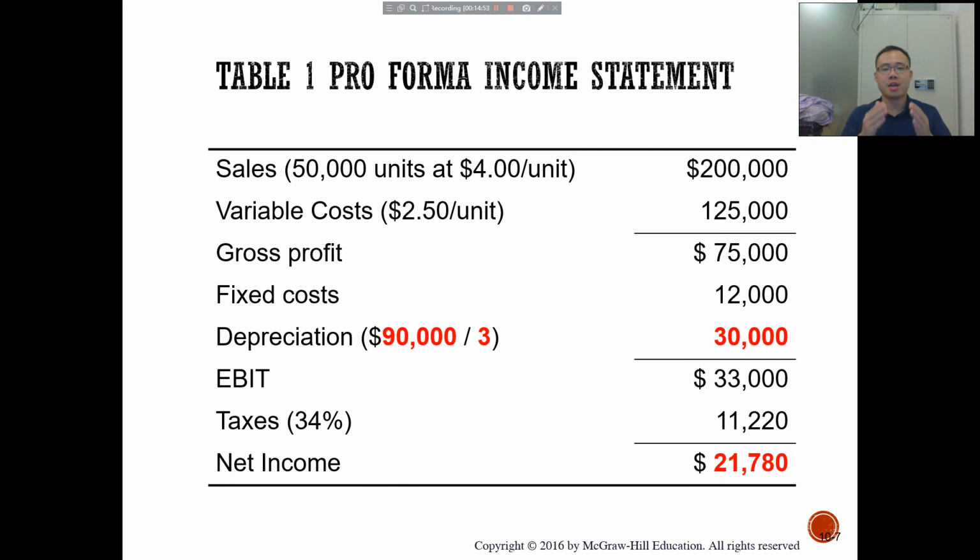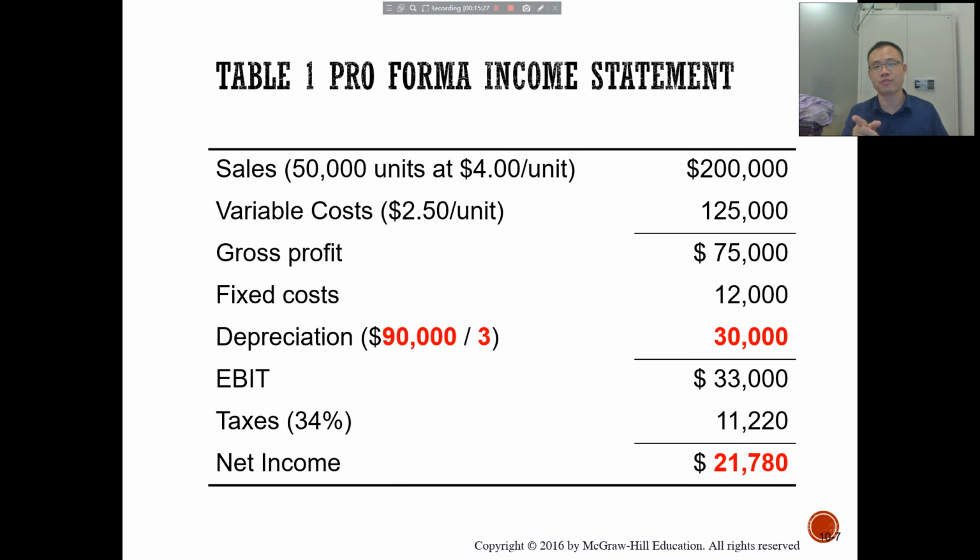But in GAAP, the accounting standard requirement, the income statement should depreciate the capital investment smoothly. So if the equipment can be used for 3 years, we assume that $30,000 is lost every year instead of deducting $90,000 in the first year.